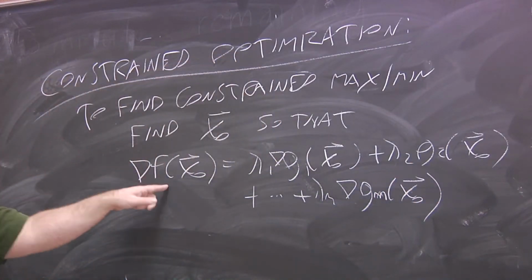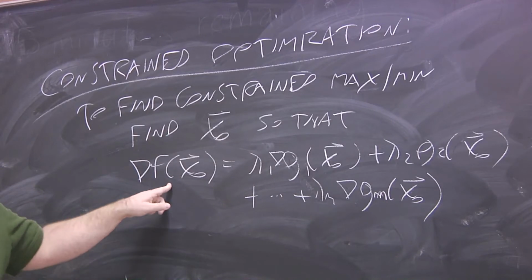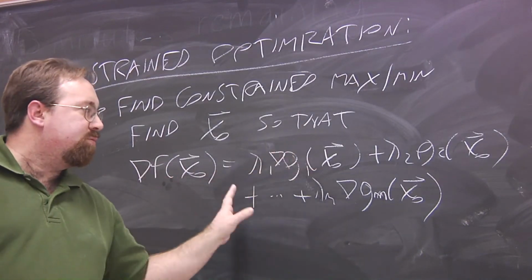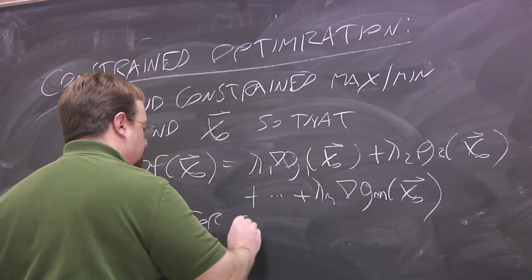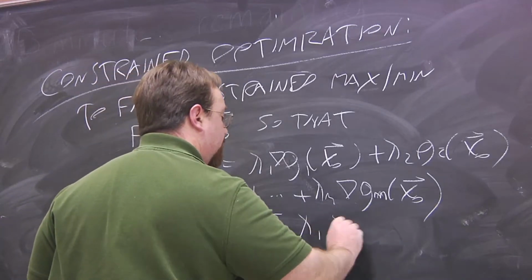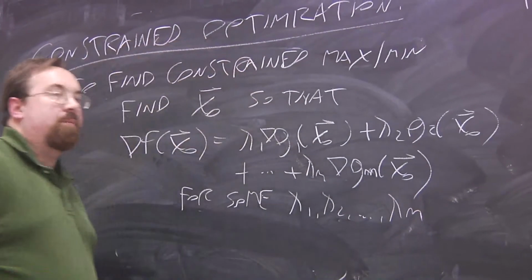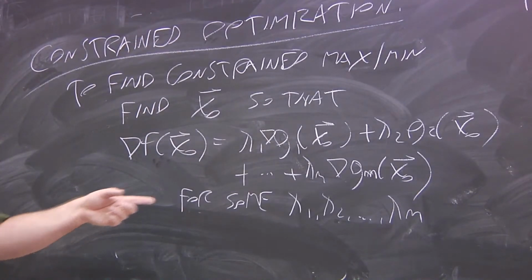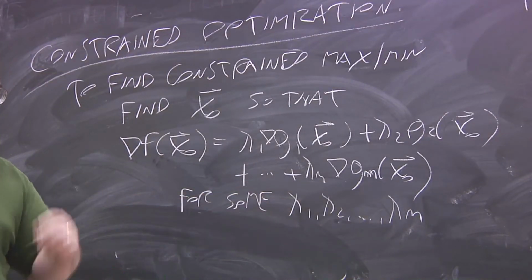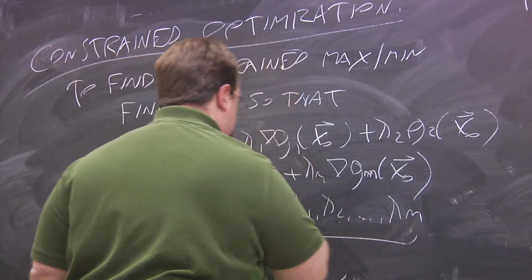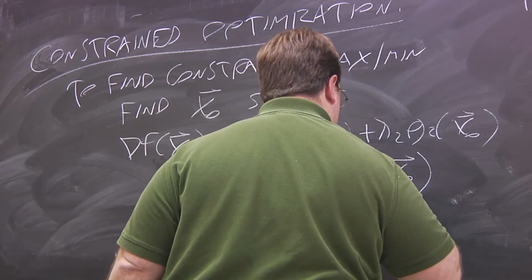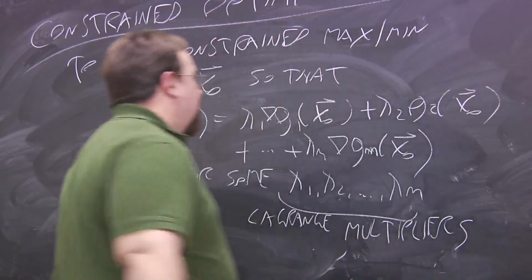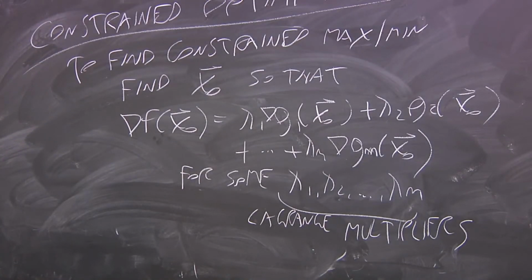So instead of trying to find a point where the gradient is equal to 0, you want to find where the gradient can be expressed in terms of the gradients of g, for some numbers lambda 1, lambda 2, up to lambda m. You don't really care so much what they are, they just have to exist, you just have to find them. These numbers are called Lagrange multipliers. So that's why finding a constrained max or min in this way is referred to as the method of Lagrange multipliers.